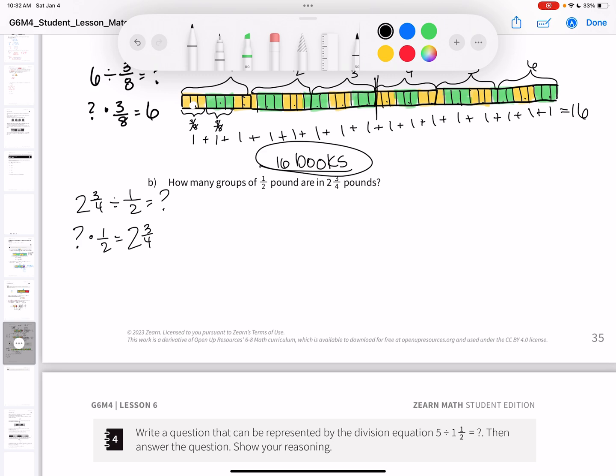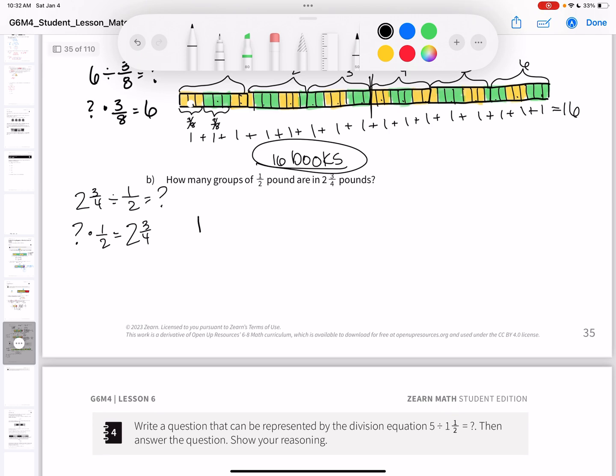So here we go. Oops, let's try it again. 1, 2, 3.